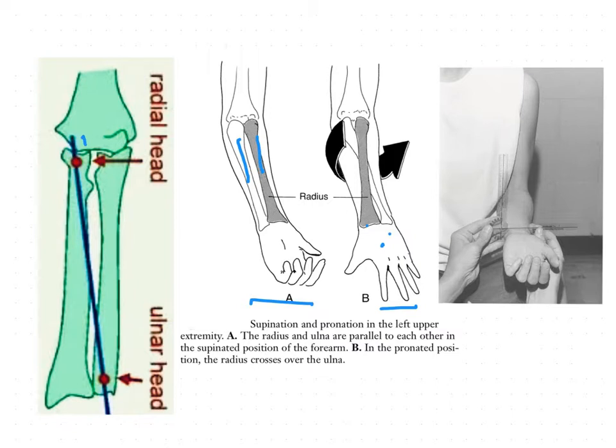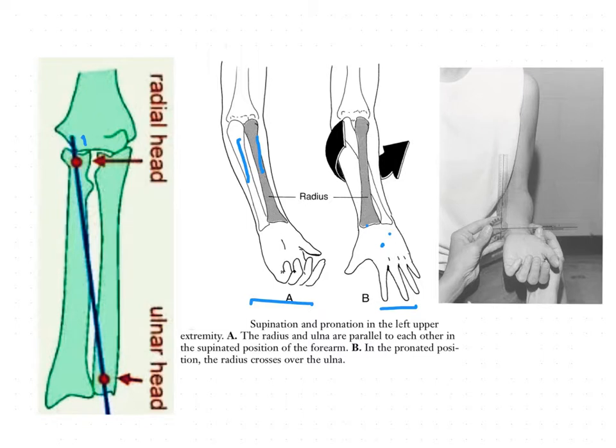And if you see the motion of the ulna, the motion of the distal ulna is of less magnitude. That means it does not have a greater magnitude, but less than that of the radius. The radius has more magnitude when compared to the ulnar head. How is this ulnar head going to move here?